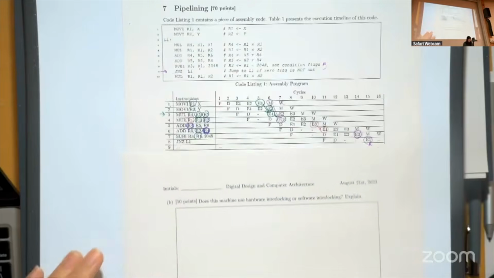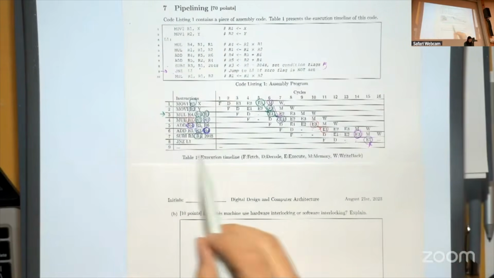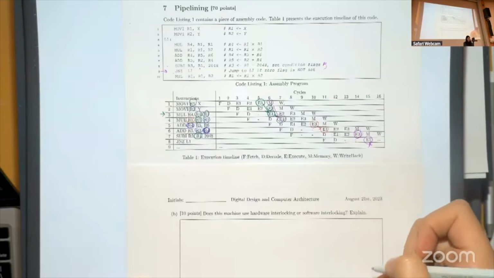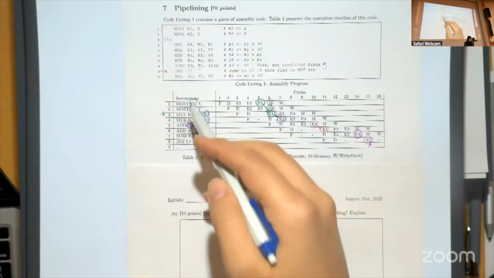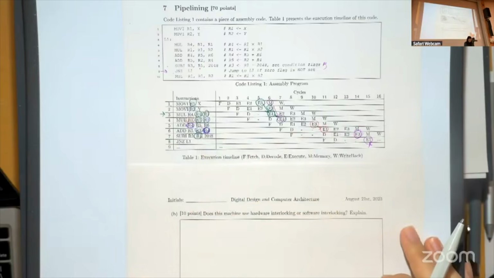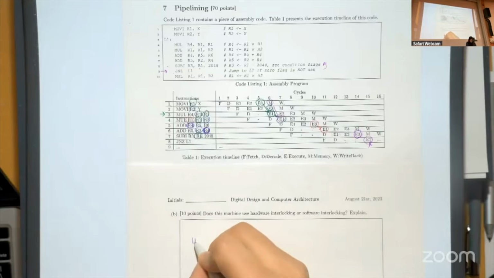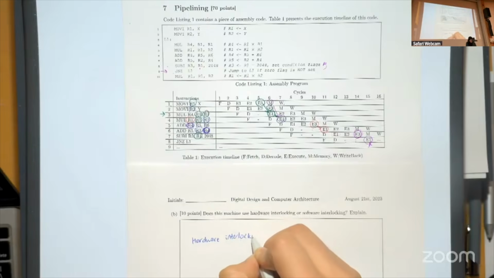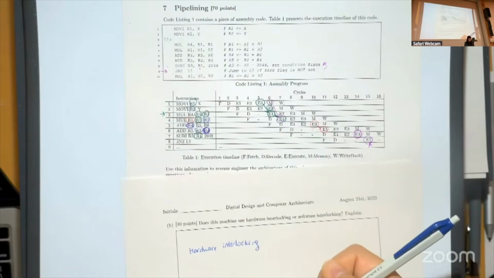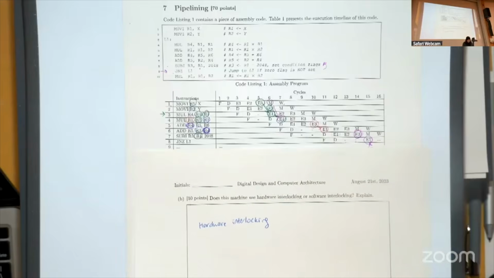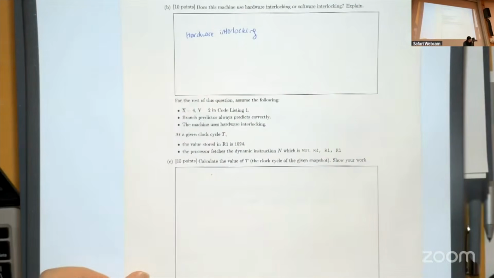So when we look at the timeline here, we don't see any bubbles or nops inside this instruction sequence, right? This shows us that the machine itself, the microarchitecture, detects data dependencies and then stalls the pipeline stages, which is done in hardware, with hardware interlocking. So the answer is hardware interlocking. And we would expect you to write the same explanation, but I will not write it in the interest of time.